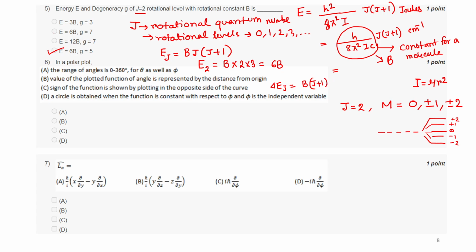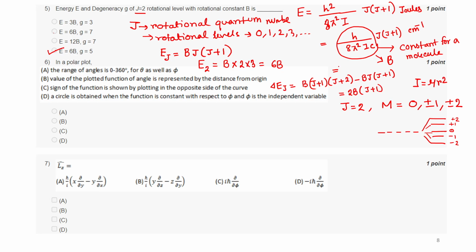Suppose the gap between J plus 1 and J: B into J plus 1 into J plus 2 minus B into J into J plus 1. If you take J plus 1 as common, then you have B into J plus 1, and J plus 2 minus J is 2. So 2B into J plus 1, that is the energy gap.